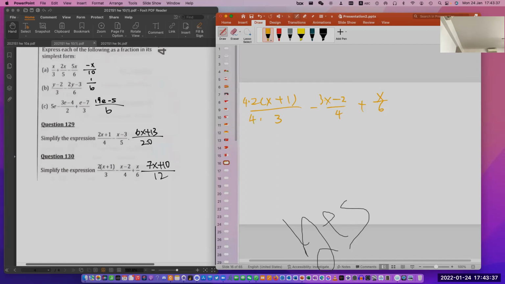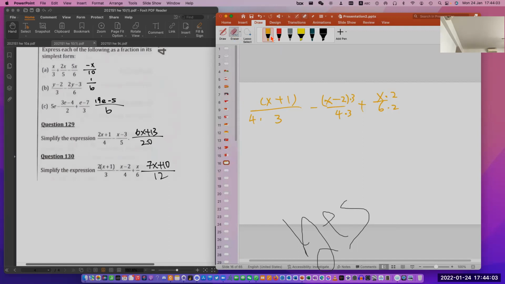So you times the 3. Okay, over here, it's not. So you can put it at the back. Okay, so in order not to make mistakes, I always like to show every step.